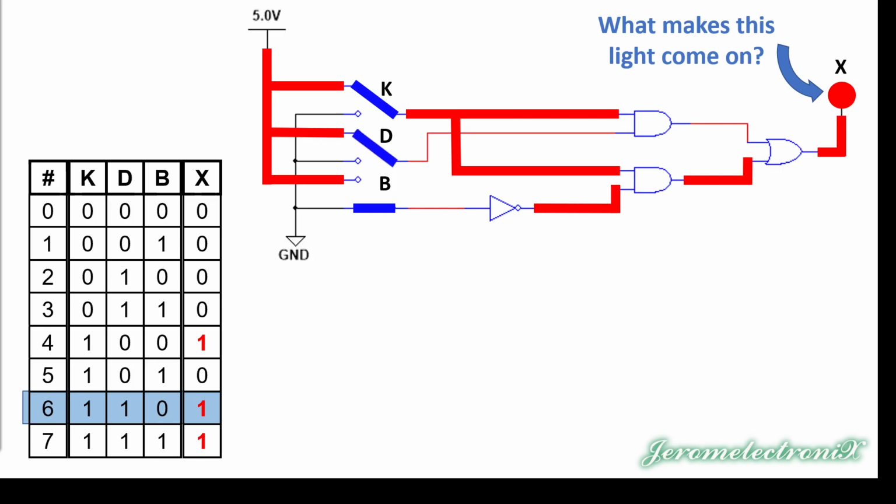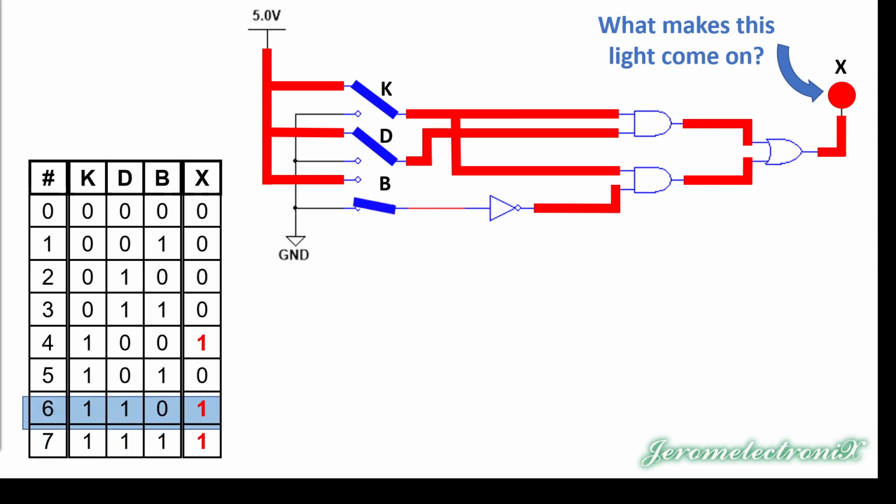Last row. We're turning all 3 of them on. In this case, we have K that's on. And, it's the second to the last row. So on the second to the last row, we turned D on and left B off. What that did, let's go back and do it again.